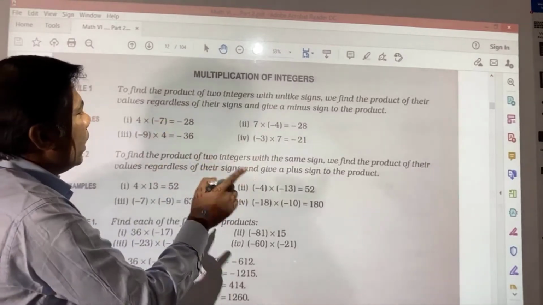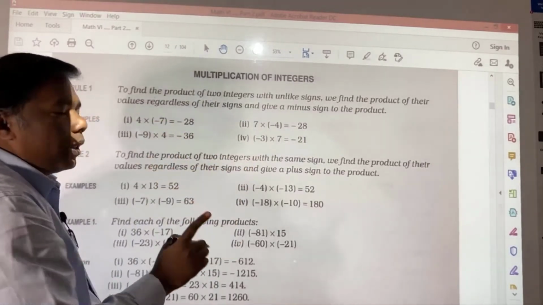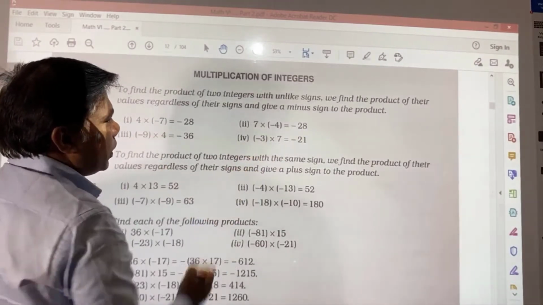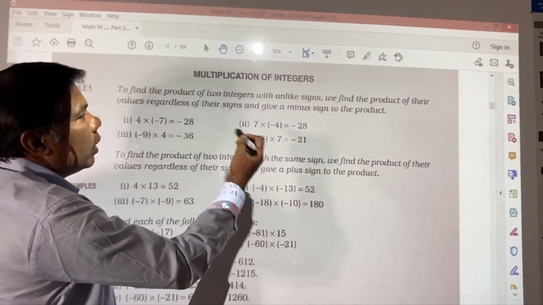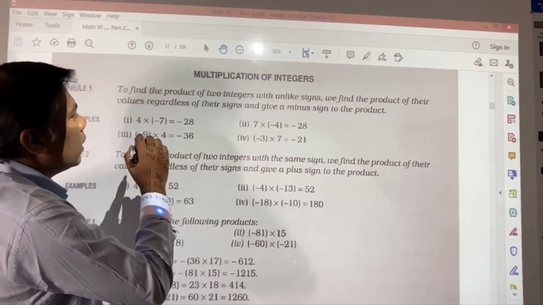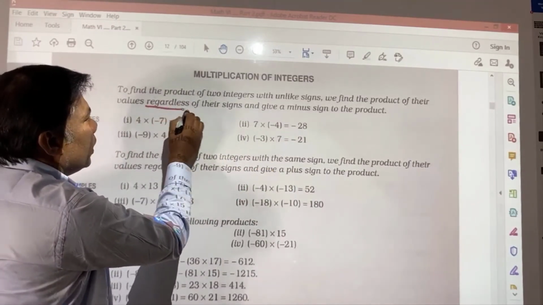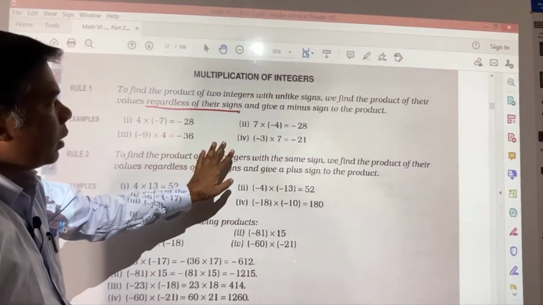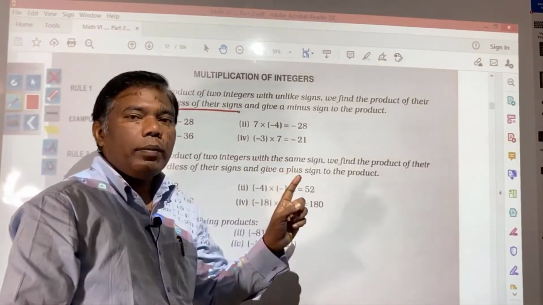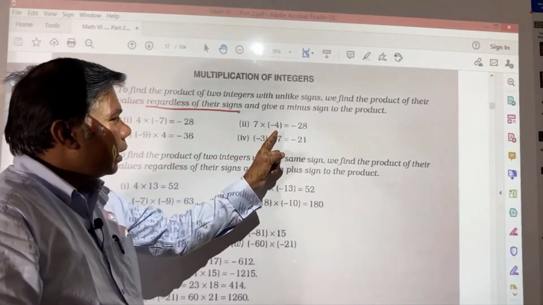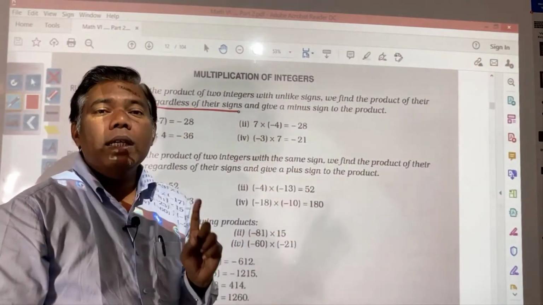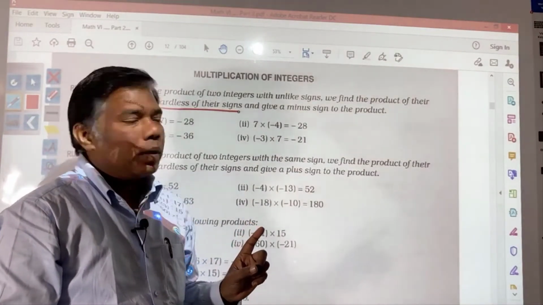If you are multiplying two integers having unlike signs, suppose positive and negative or negative and positive, just multiply the numbers regardless of their signs, and the product will always be negative. You need to remember that.